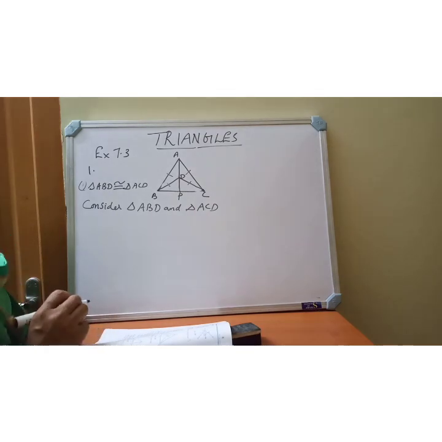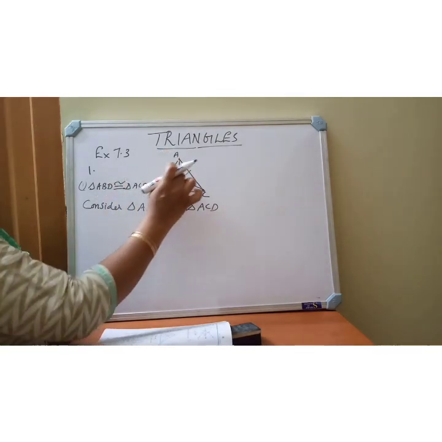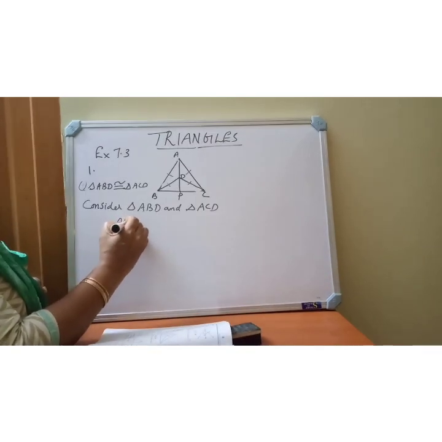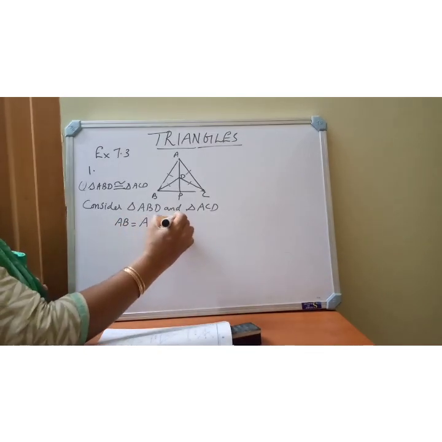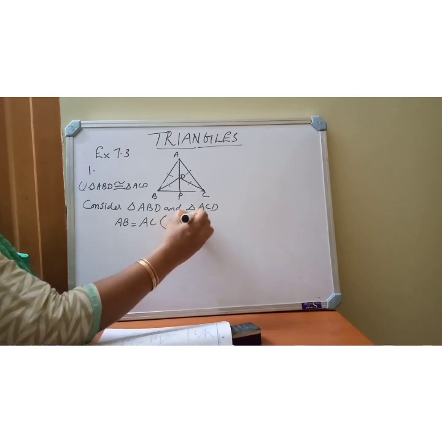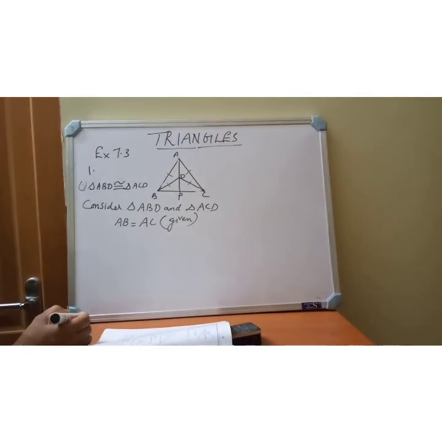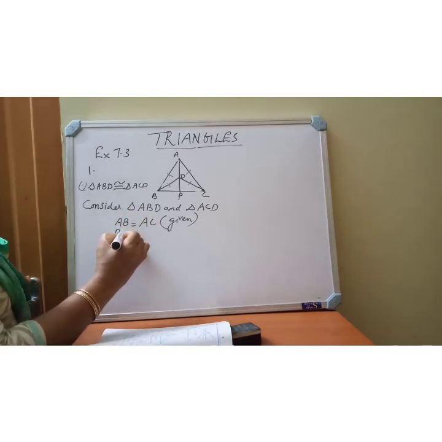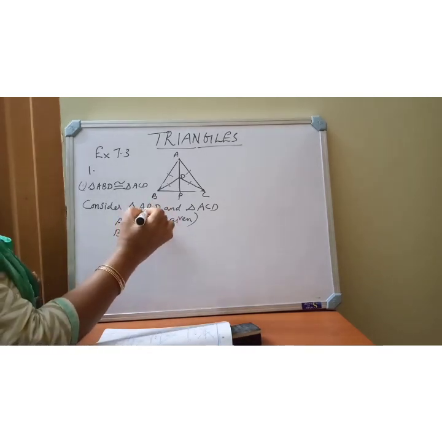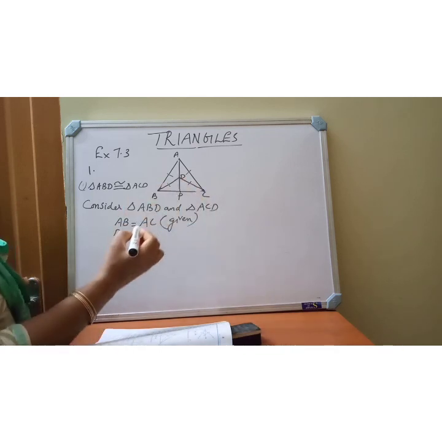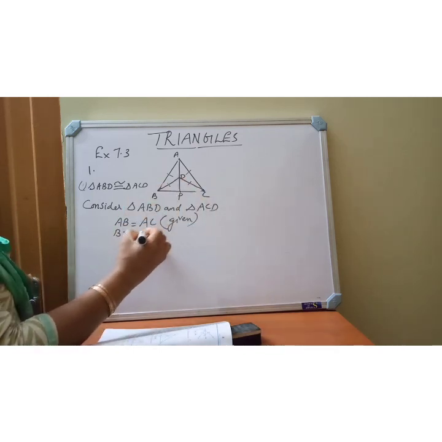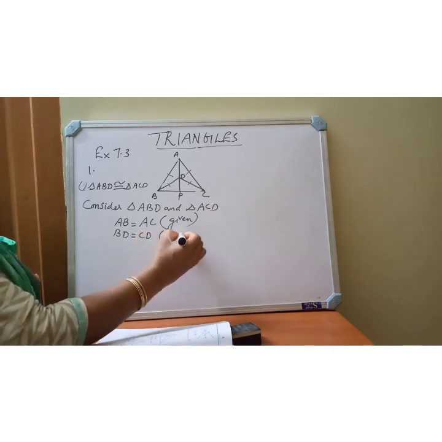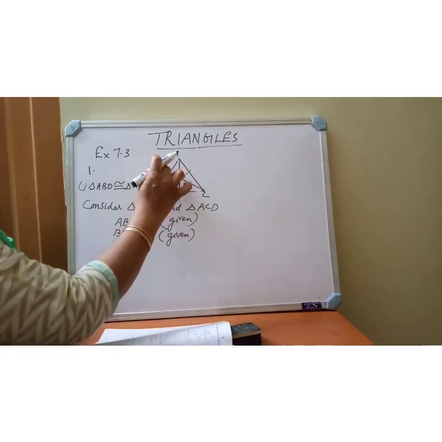All of you look at the board. In triangle ABD and ACD, AB equal to what, children? AC. What is the reason? Because they are given as an isosceles triangle, isn't it? So AB equals AC. Next one, BD equal to what? CD. That is also given.